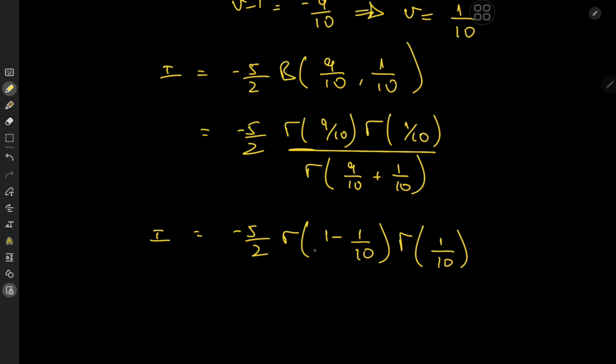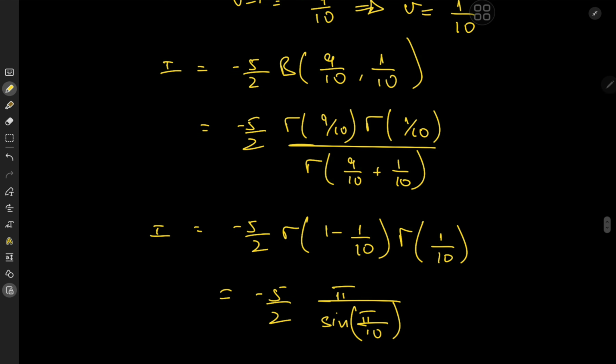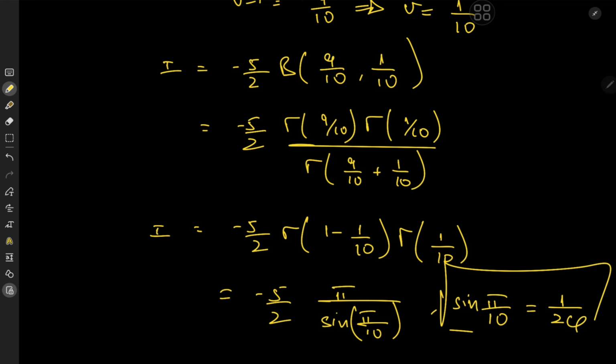And now we have gamma 1 minus z times gamma z, which means we can invoke Euler's beautiful reflection formula. That gives us pi over sine of pi times the argument, which in this case is 1 over 10. Now what on earth is sine of pi over 10? Well, sine pi over 10 equals 1 over twice the golden ratio.